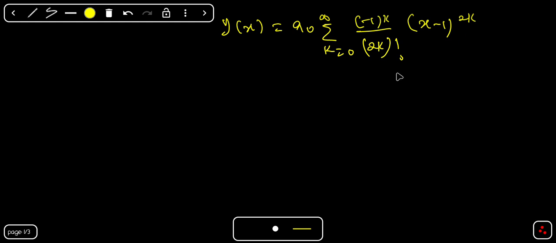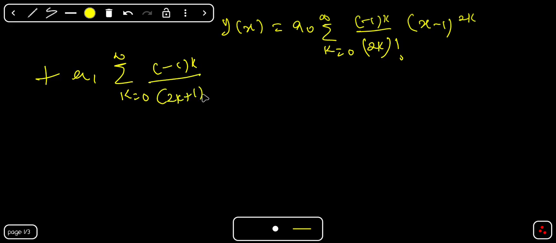This is for the even terms, plus the odd term, which is a1 multiplied by sum of k from 0 to infinity of minus 1 raised to the power of k over 2k plus 1 factorial, then multiply by x minus 1 raised to the power of 2k plus 1.